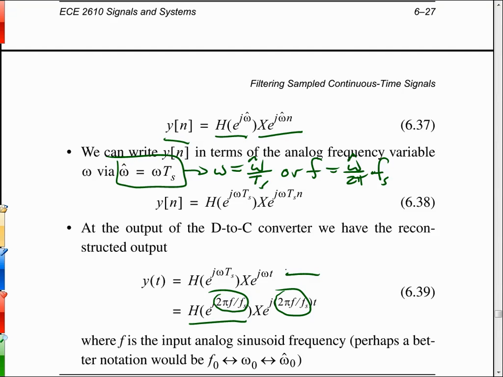This is more along the lines of what the book does. My preference is to get right down to the physical and work with everything in terms of hertz, because that's the way you work with the lab equipment when you're doing measurements.